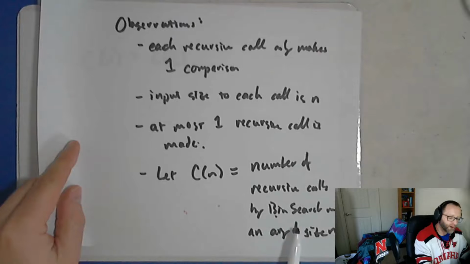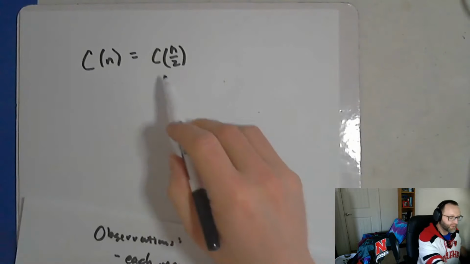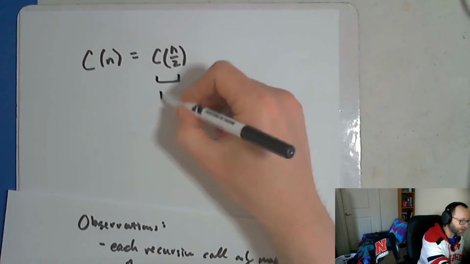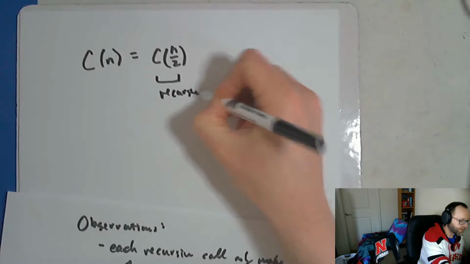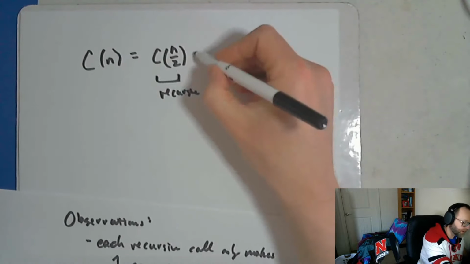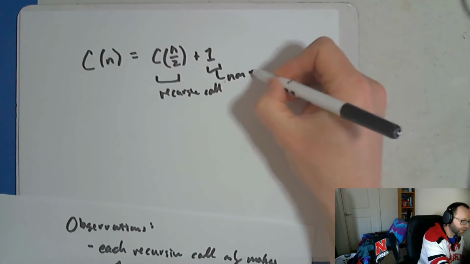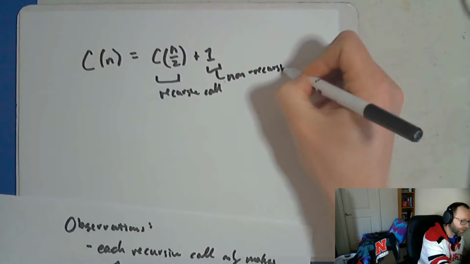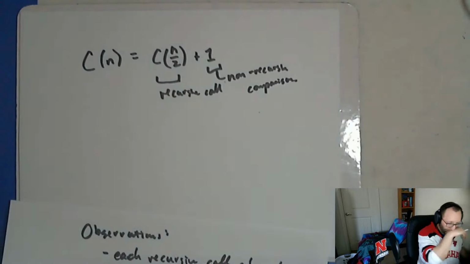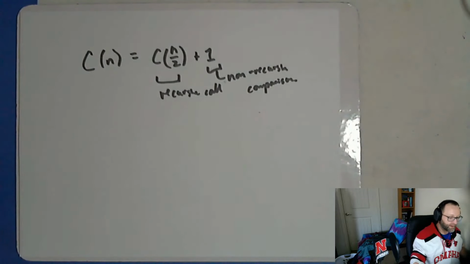It's the number of recursive calls by binary search on an array of size n. Well, we've got an expression to take care of that, right? This is the recursive call. That's not a number, that's another expression. Right? And then there's one, this is the non-recursive comparison. Right?